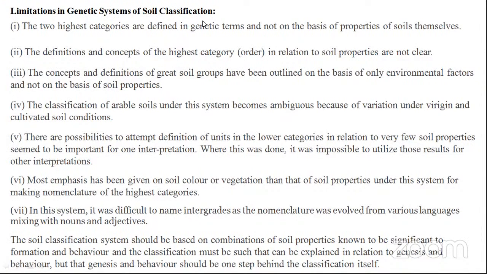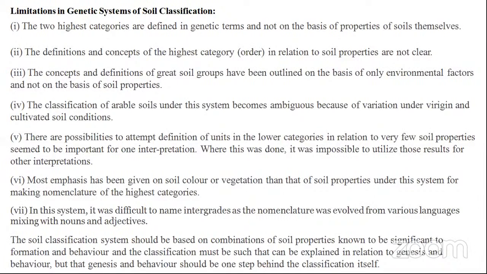Actually, to some extent, if you look at it properly, the zonality concept is very good. But the major problem is that it didn't consider the present soil morphogenic properties. Without considering that, how can we use it for our regular day-to-day purposes? This is one drawback.